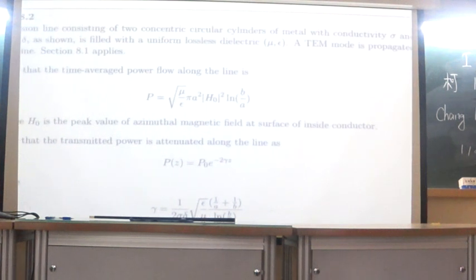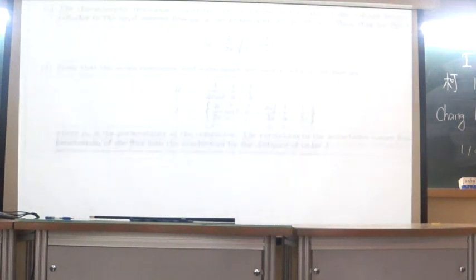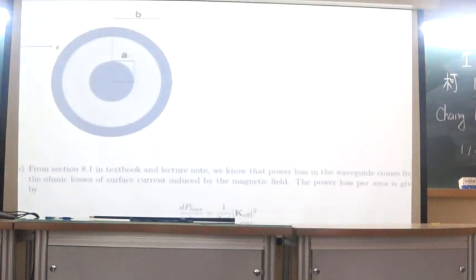So, problem 8.2 is that there's a transmission line consisting of 2 concentric circular cylinders of metal with conductivity sigma and skin depth delta, and it looks like this circle.